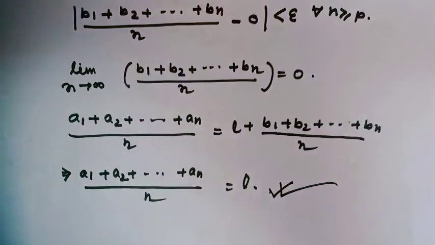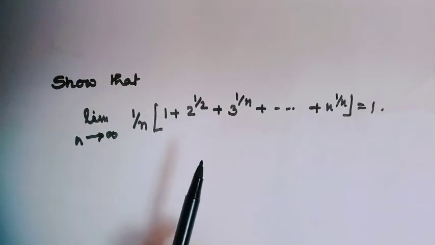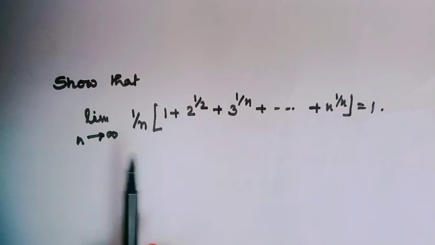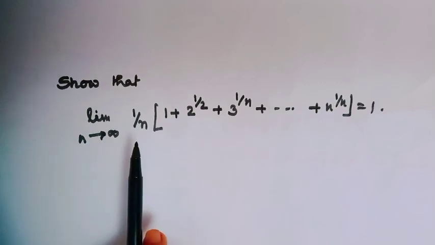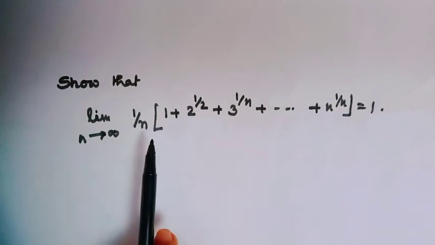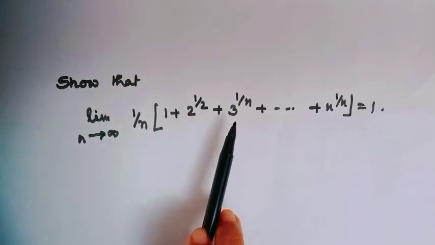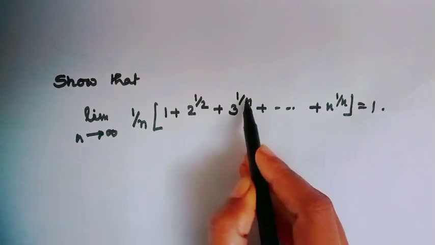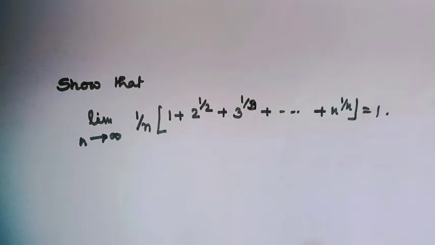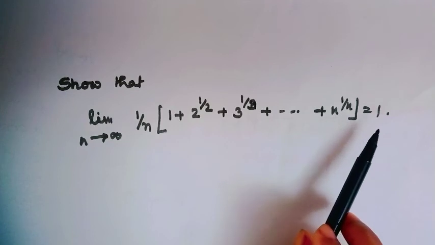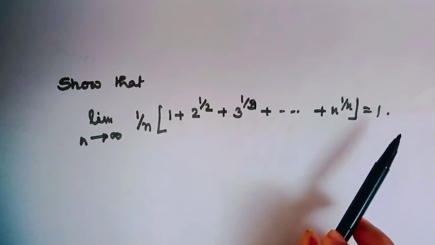Okay? Alright. Let's see one example of Cauchy's first theorem. The limit as n tends to infinity of (1 plus 2 to the power 1 over 2 plus 3 to the power 1 over 3 plus up to n to the power 1 over n) over n equals 1, and we have to show it.